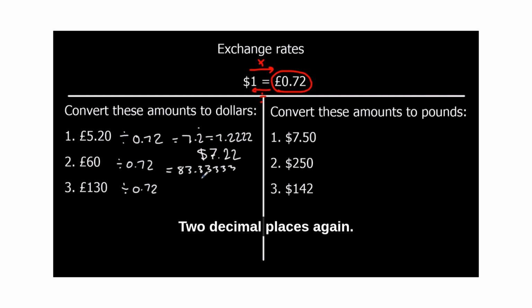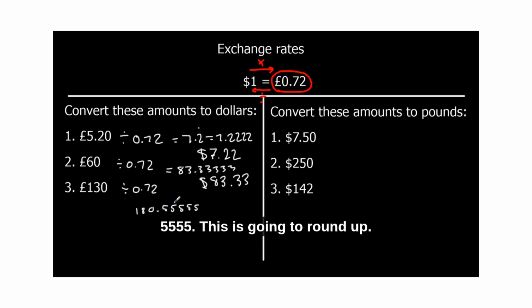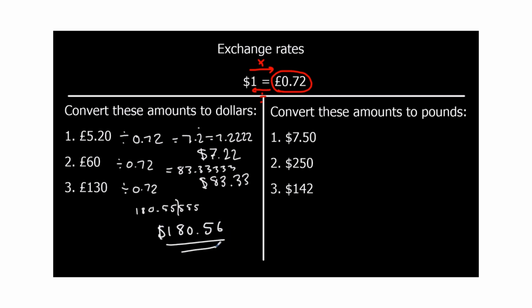Two decimal places again, so it's $83.33. And then finally 130 divided by 0.72 is 180.5 recurring, 5555. This is going to round up, so it's going to be $180.56.